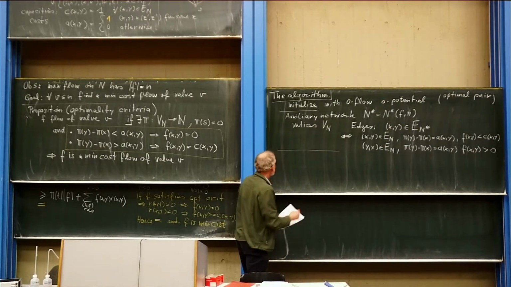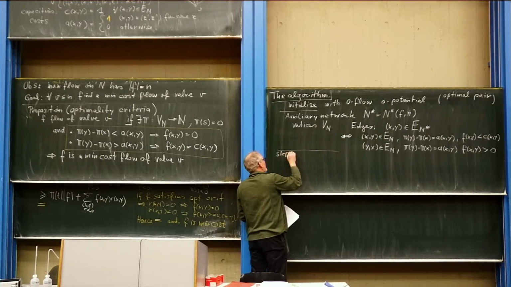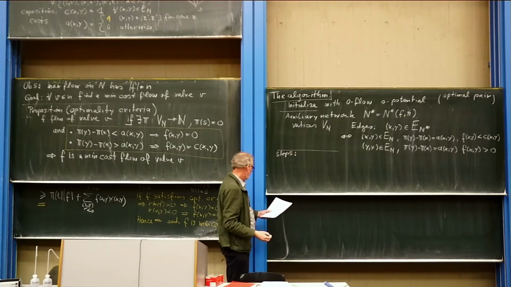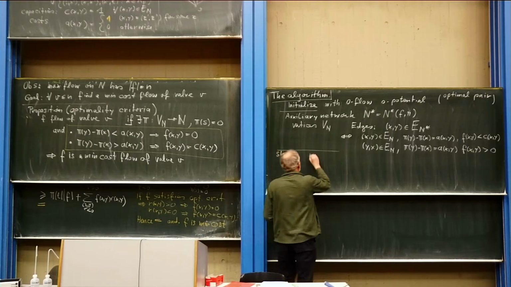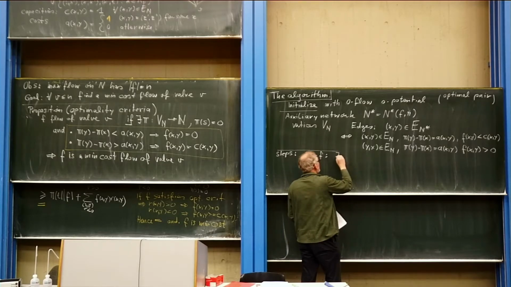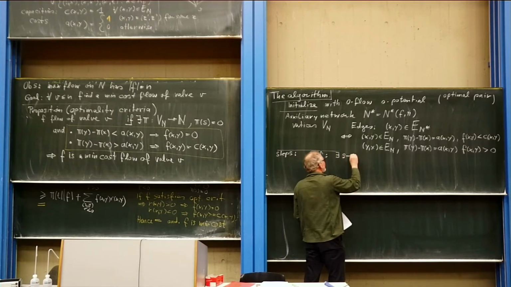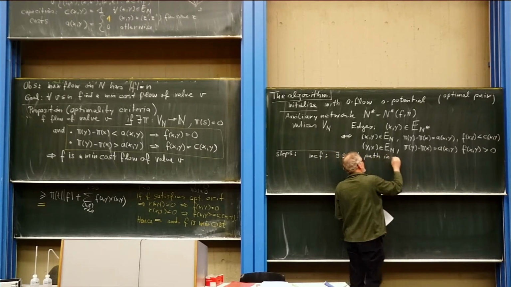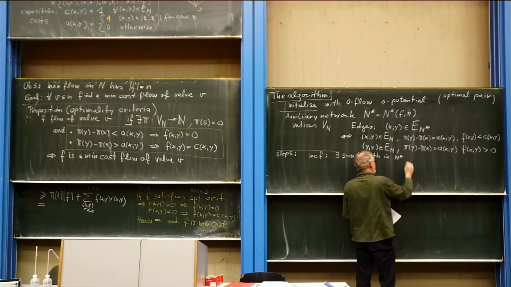It has a flow increasing step, so let's call it inc_f, and this is depending on the existence of an S to T path in this auxiliary network.